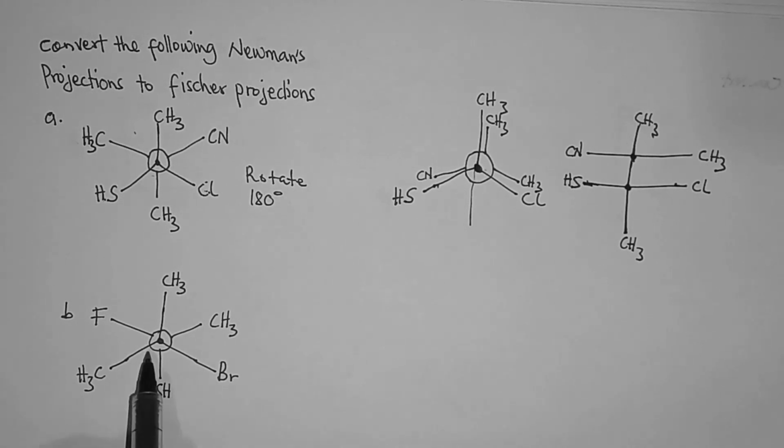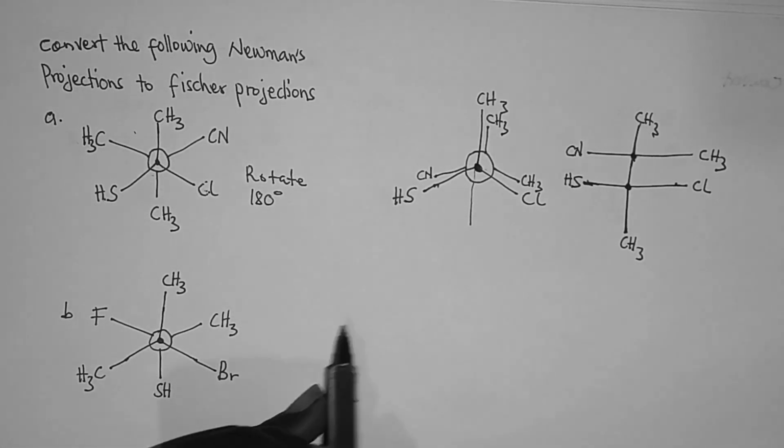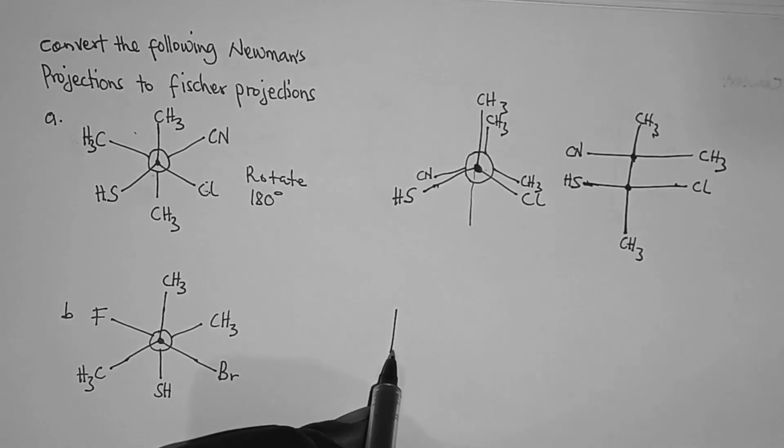As we said earlier on, you need to first rotate the carbon at the back by 180 degrees to form the eclipsed form of this molecule. So let's go ahead and rotate the carbon at the back by 180 degrees. So let's draw the carbon in front.